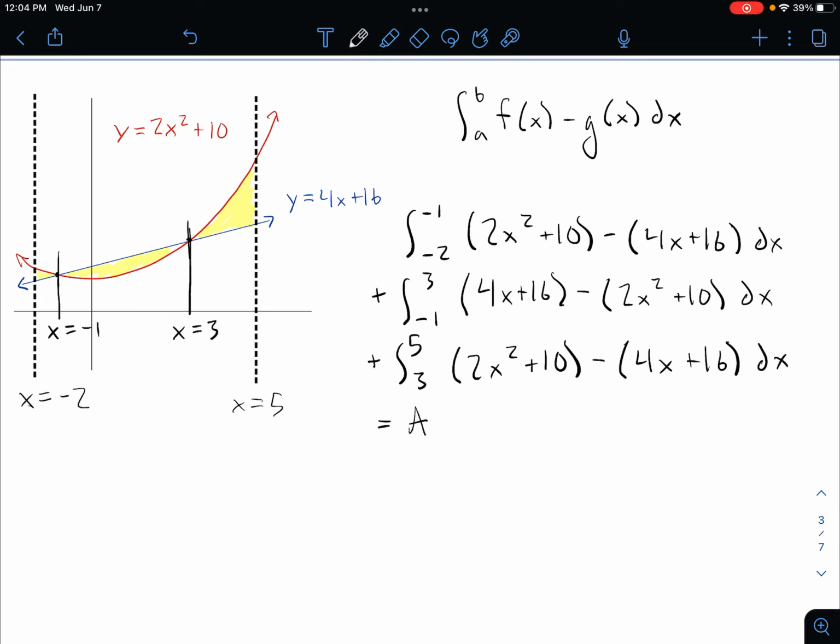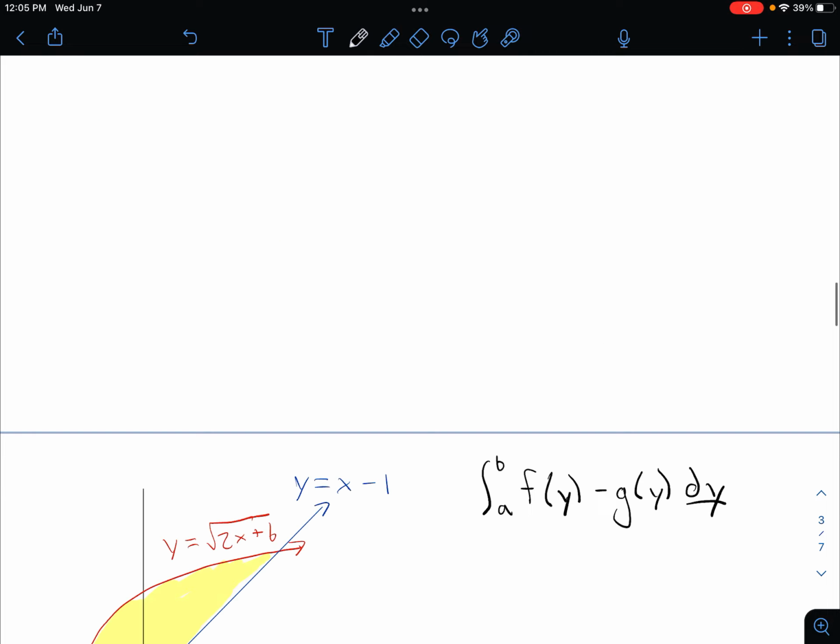From there, it should be relatively easy to solve using integration. Just remember that this integral and this integral are really the same, so you don't need to bother solving it twice. Just solve it once and then use different a and b's. The middle integral, of course, we already solved for in the previous video. So that's how you would approach that problem.